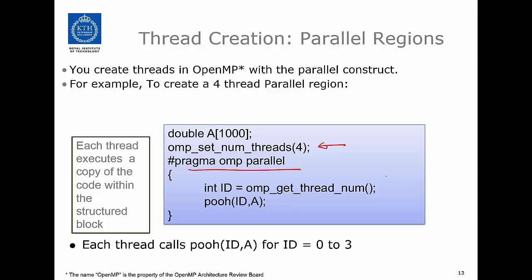Then each thread will execute a copy of the code within the structured block. In this case, we get a thread number for each thread. We have 4 threads, so they will be numbered 0 to 3, and foo here will be called 4 times, once for each thread, with IDs 0 to 3.